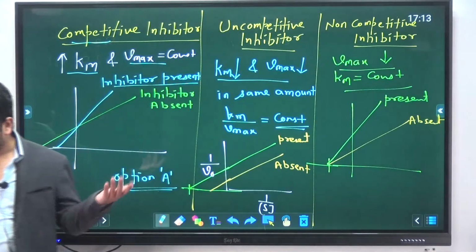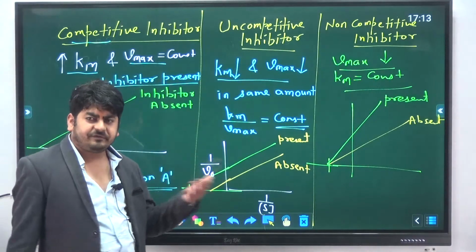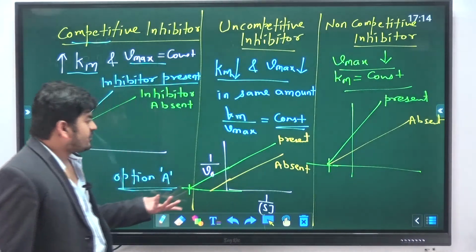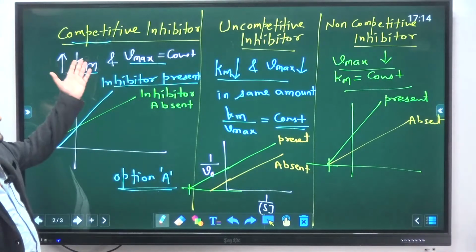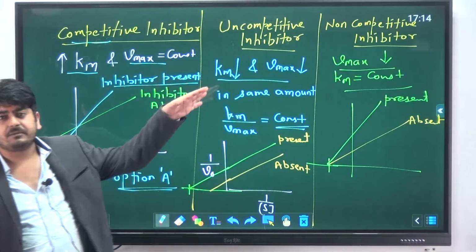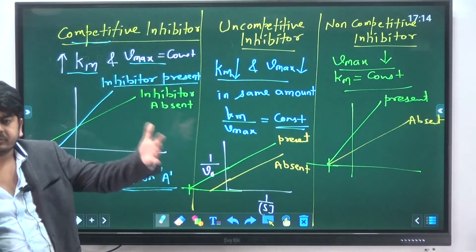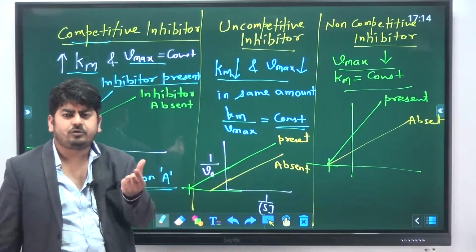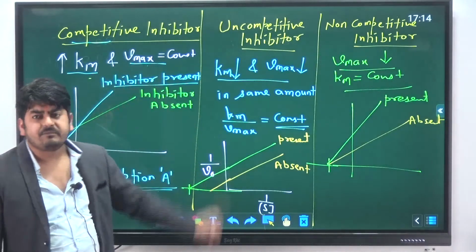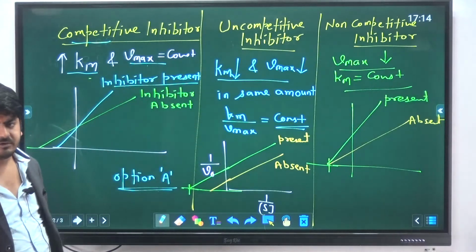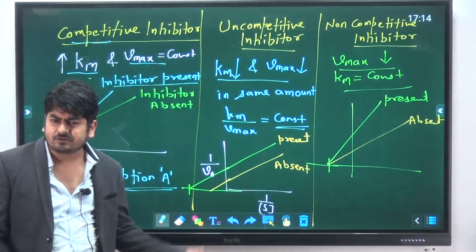I hope it is clear to all of you, and that's how you can answer this question. Simple. You should know what competitive, uncompetitive or non-competitive inhibitors do, and how they affect the main parameters: Michaelis constant Km and the maximum velocity of the reaction.